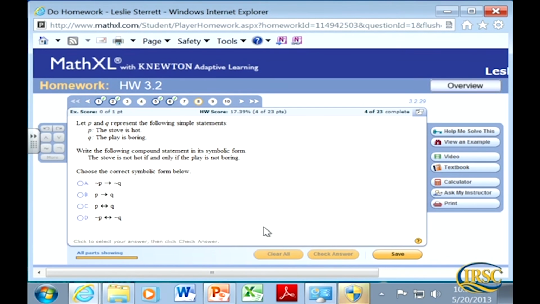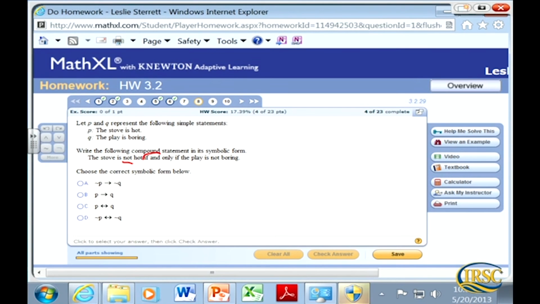Okay, so the stove is not hot if and only if the play is not boring. So what keywords do you see here? Okay, not. If and only if. And another not. Okay. So then you have choice 1, 2, 3, or 4. Okay, 4.